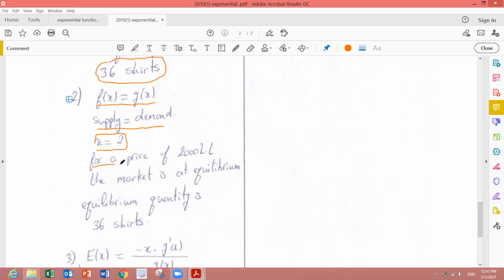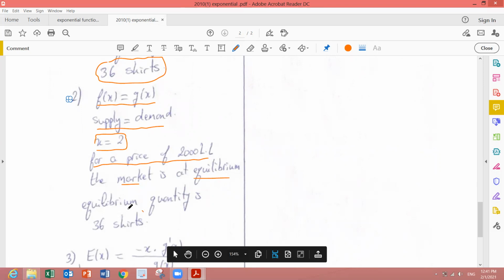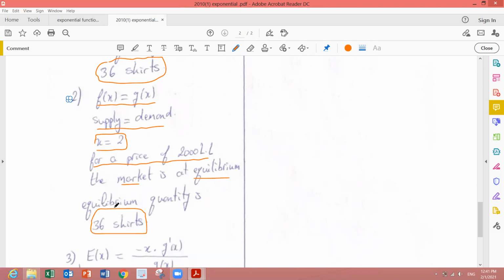So for a price of 2000 Lebanese lira, the market is at equilibrium. Demand equal supply, and the equilibrium quantity is 36 shirts.